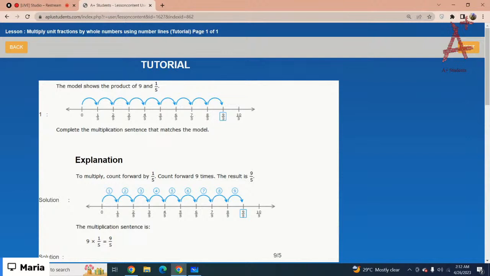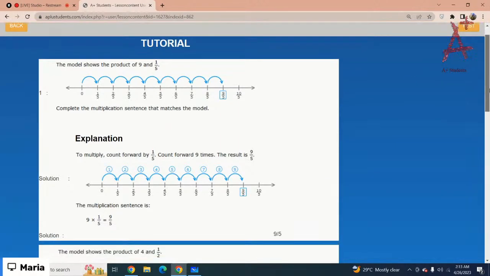So the result is 9 over 5. So 9 times 1 over 5 equals 9 over 5.